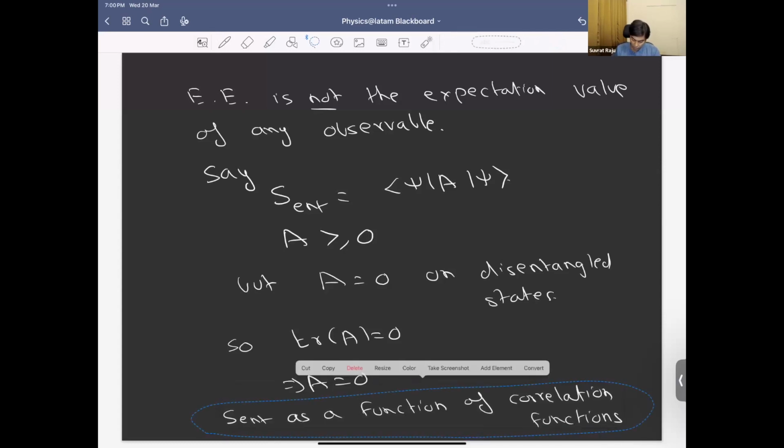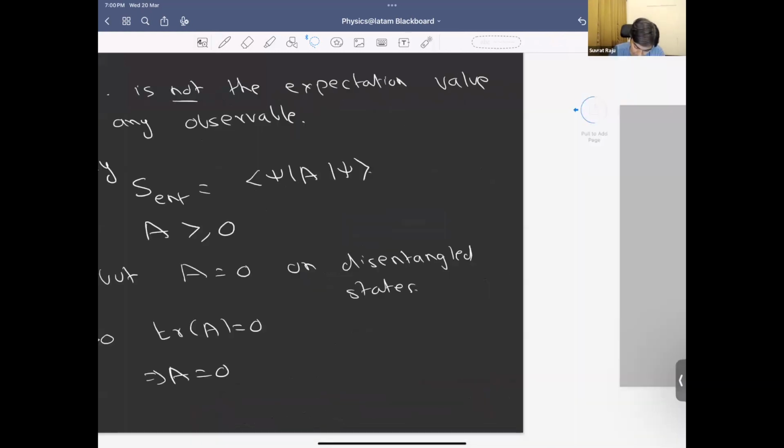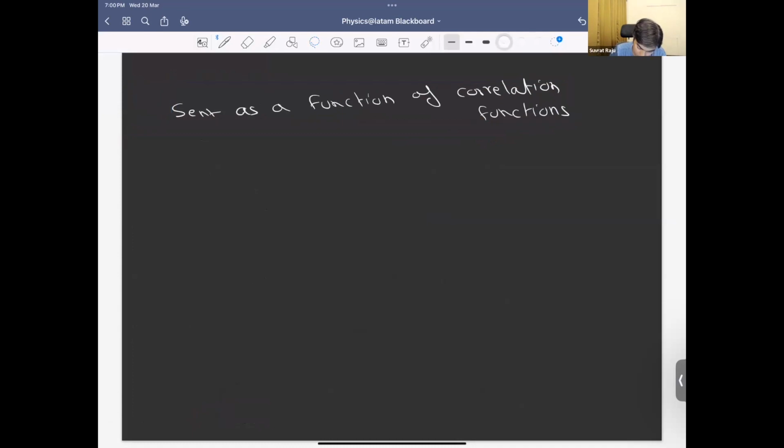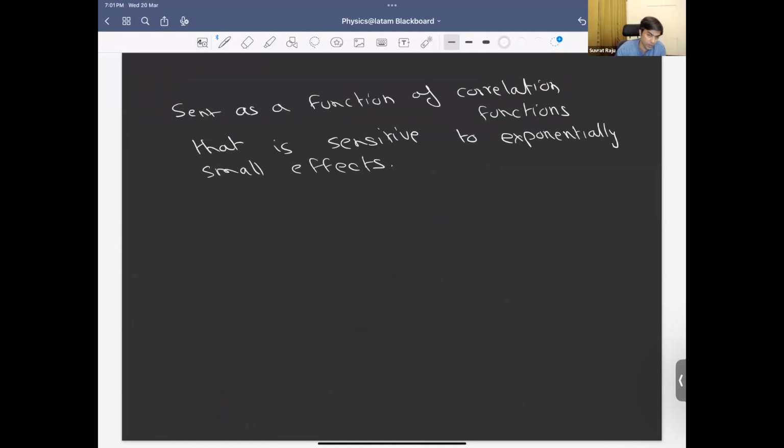It is sensitive to exponentially small effects. So it's a very fine-grained observable from a physical point of view. Sometimes it might be very easy to mathematically compute the entanglement entropy, but from a physical point of view, you should know it's a very fine-grained observable.